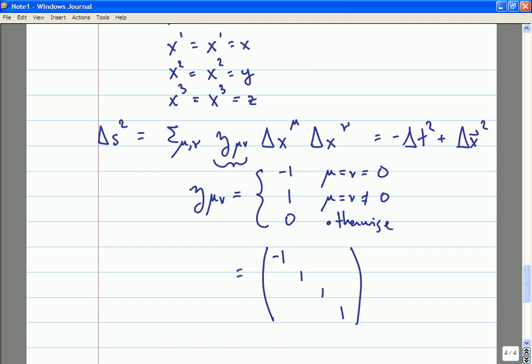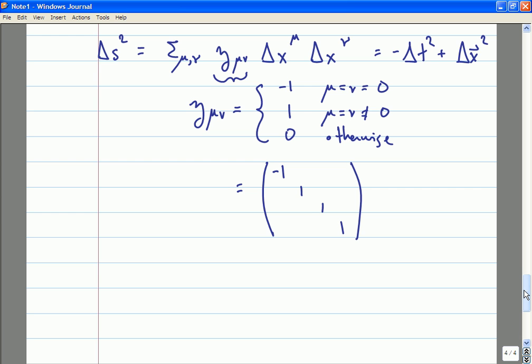So this quantity, eta mu nu, is a rather special quantity. It is a 4x4 matrix that packages into it the structure of the invariant interval in special relativity, and it has a name. It is known as the metric of flat spacetime in Cartesian coordinates.